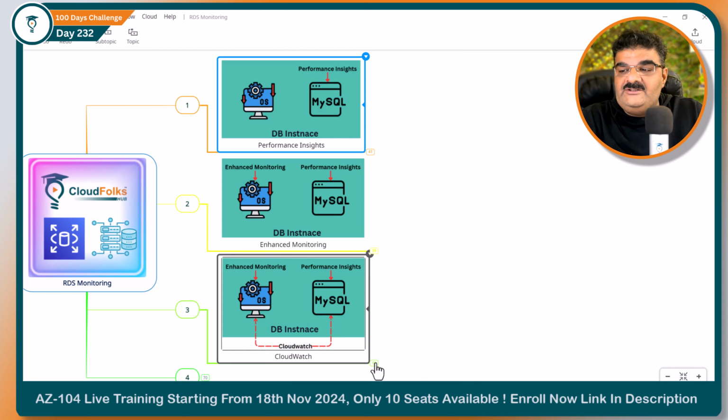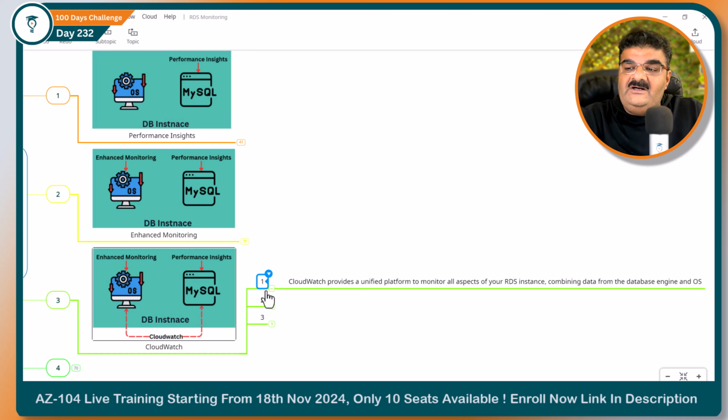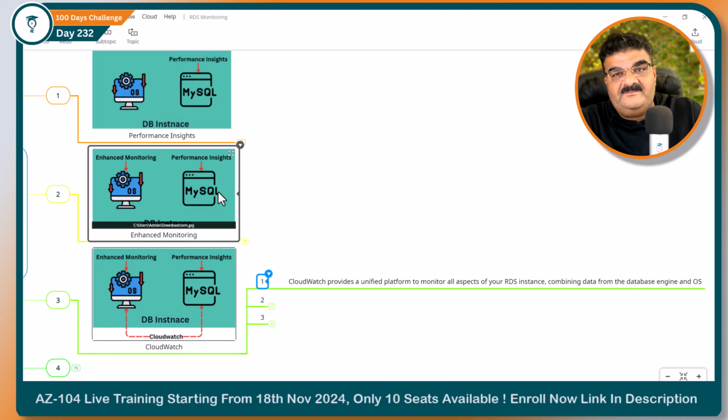Here, I am going to tell you the main difference between CloudWatch monitoring and these two. So here, the first difference. CloudWatch provides a unified platform to monitor all aspects of your RDS instance, combining data from the database engine and OS. Look at this.